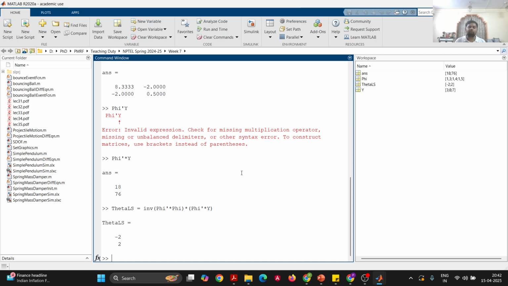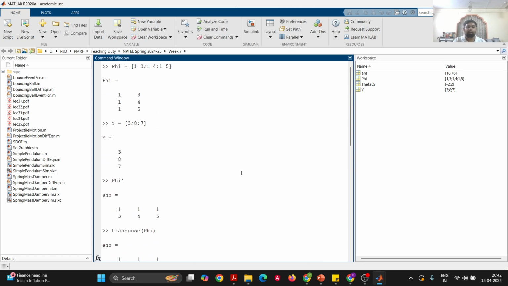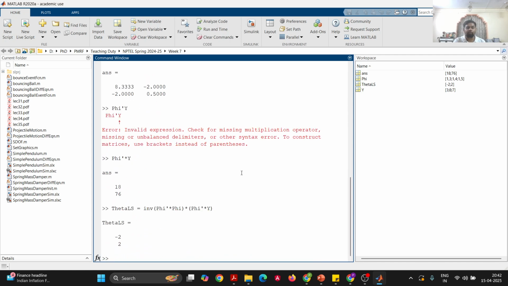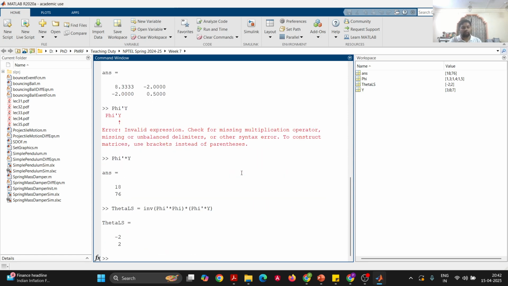So this is how we can use MATLAB for simple matrix multiplication. So defining the matrices in the MATLAB environment and then using simple commands like inverse and transpose, etc. MATLAB can also be used like a calculator for matrix multiplication.